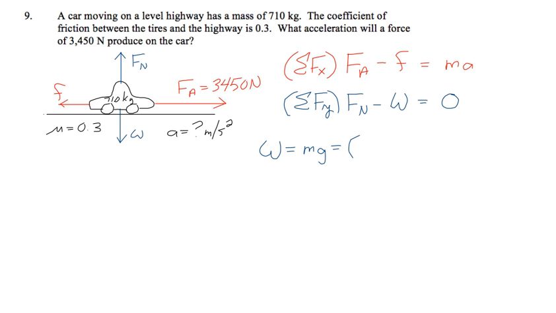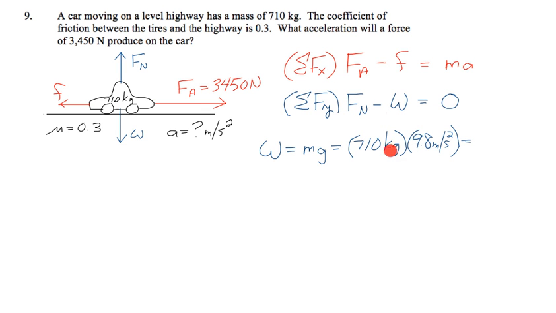So now, if they had told me that it was a 710 Newton car, then that would be my weight. But when they say a 710 kilogram car, I know I'm getting the mass, so I know I have to take that mass and multiply it by the acceleration due to gravity, which we write as a positive number because we've already taken care of the sign right there. So that is why, the minus here, that it's really right there.